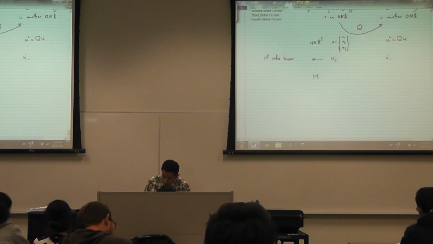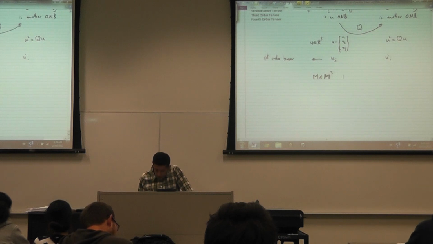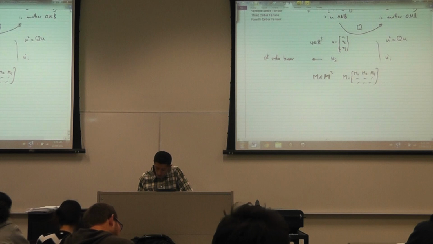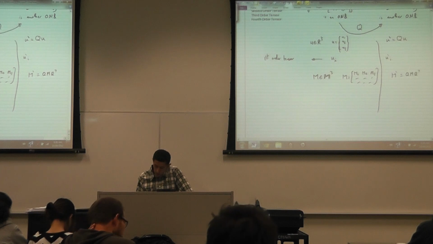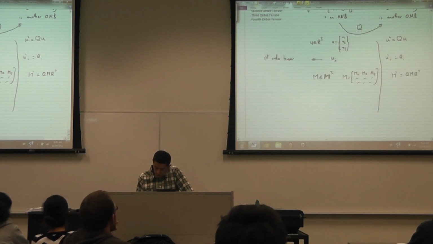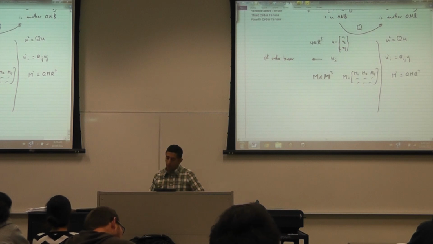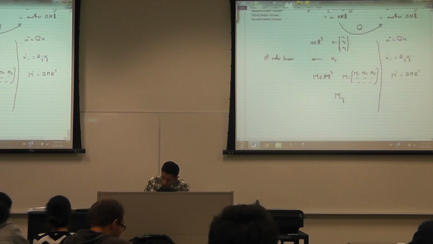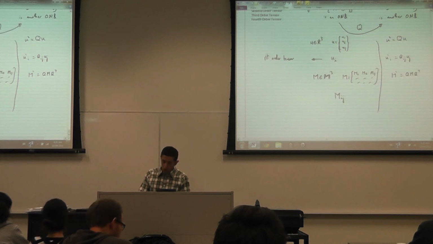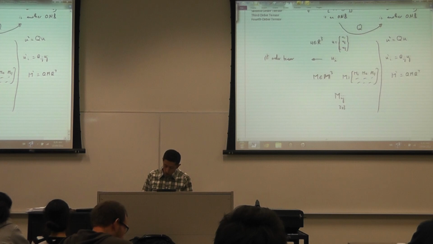If I have a matrix here, the matrix is equal to M11, M12, M13, and so on. The new matrix in the new coordinate system is equal to Q M Q transpose. The components of M are called M_ij, where i takes from 1 to 3, j takes from 1 to 3, so I have 3 by 3 components.